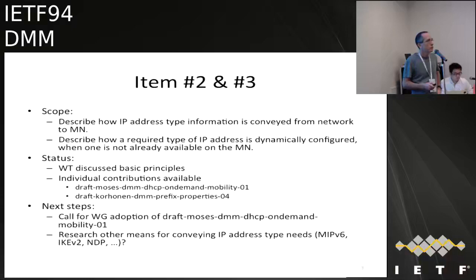But we plan to do something there. Are you a co-author of that? Yes. So we published one in DHC and another for neighbor discovery, in other words, one for DHCP, another for neighbor discovery. So both are covered. For neighbor advertisement, do you want the working group to adopt that? You didn't request that, right? Yeah, we need to make a call. Okay, we'll make that request.